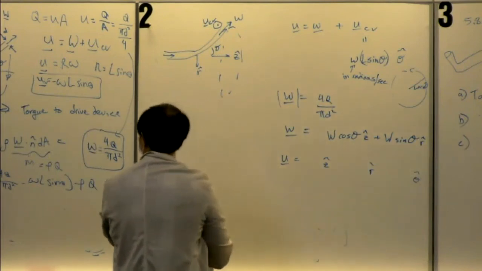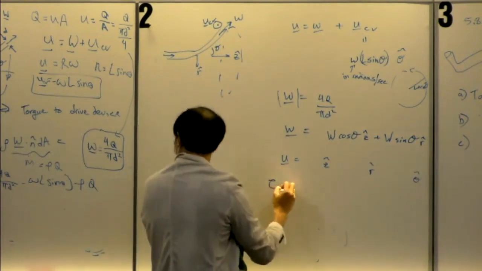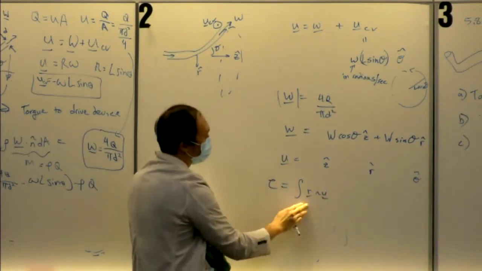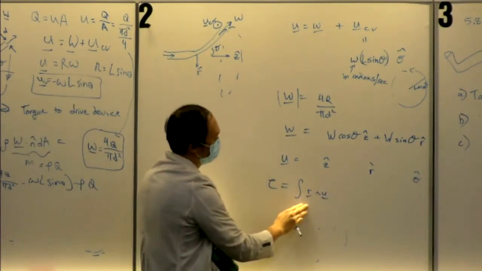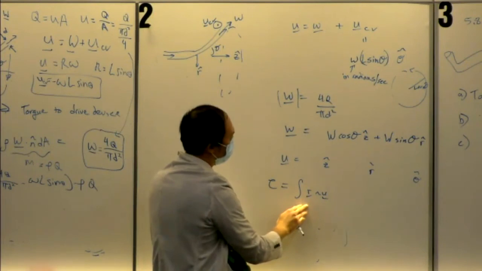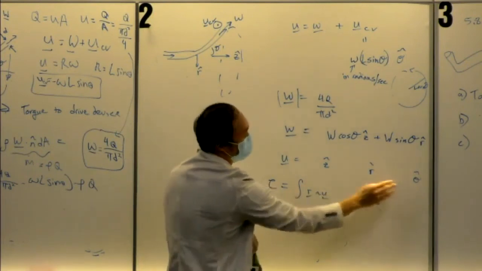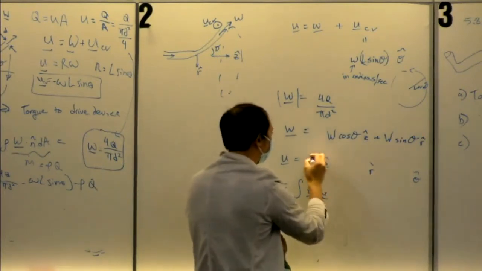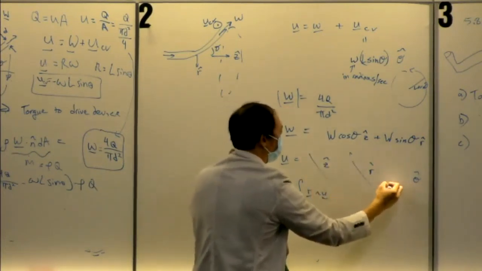The thing is that the torque is r cross u, right? And the r is in the r hat direction. So the one that we actually care about is just this theta hat component, right? So basically, these are going away, and you only care about this component.